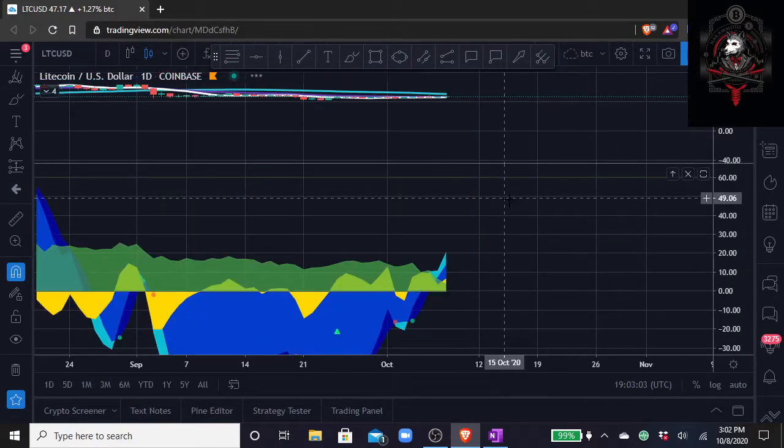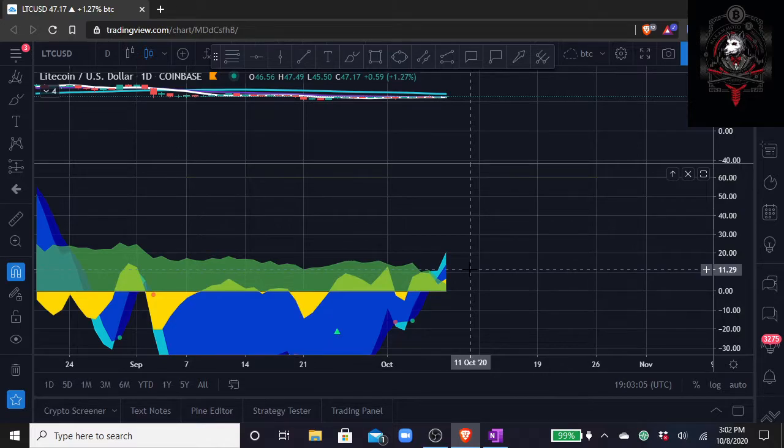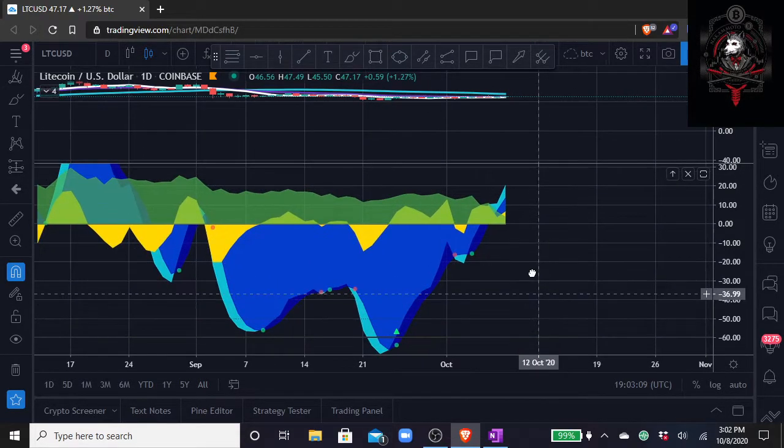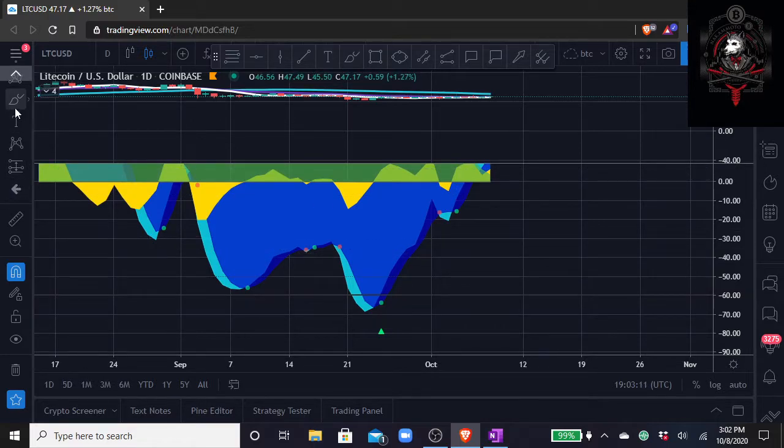Let's see what the day has. On the day, we do got a momentum wave starting to go up. What's nice about this is a perfect setup, guys, for a root wave, trigger wave trade. And this is a trading strategy that you can do. You got your light blue momentum wave cutting into the dark blue.